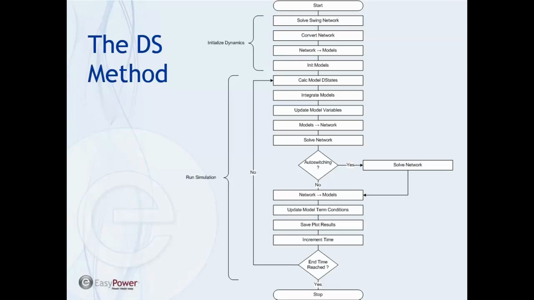If you want a more accurate presentation of the VARs, take your case, add some motor models, some typical ones from the library, and enter dynamic stability focus, and you'll see how the voltage more accurately affects the VARs being drawn by the motor. So we iterate this first initialized dynamics loop to get the induction motor settled properly.